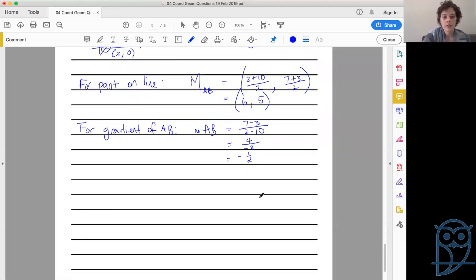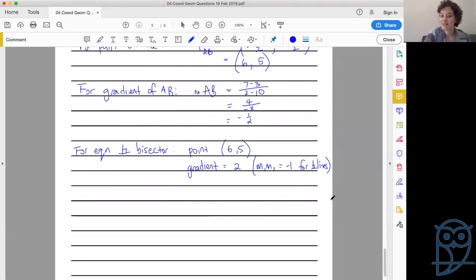So now we're doing the equation of the perpendicular bisector, because we've got everything we need. We have our point, (6, 5). We have our gradient equals 2, because m1 times m2 equals minus 1 for perpendicular lines.